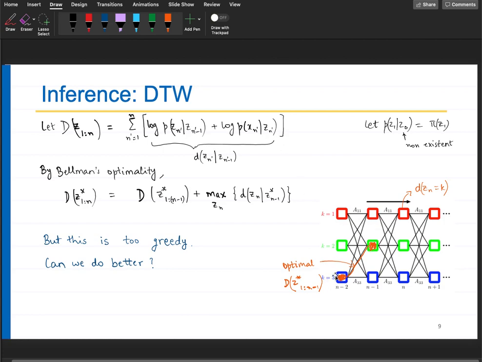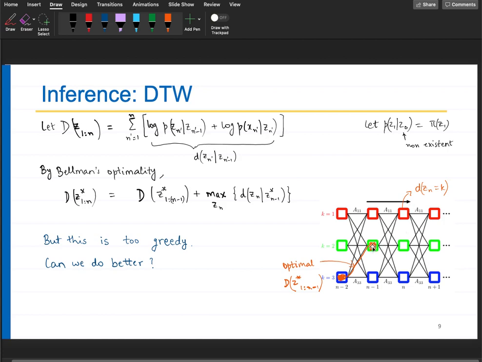So let us say I am here at Zn minus 2, I have some cost capital D of Z1 to n minus 2, and then I make a transition to n minus 1, let's say here, and if this is the maximum likelihood or the least cost, I will accept this one and come to this node. Then again I will see which node will be most beneficial for me, costing me the least.